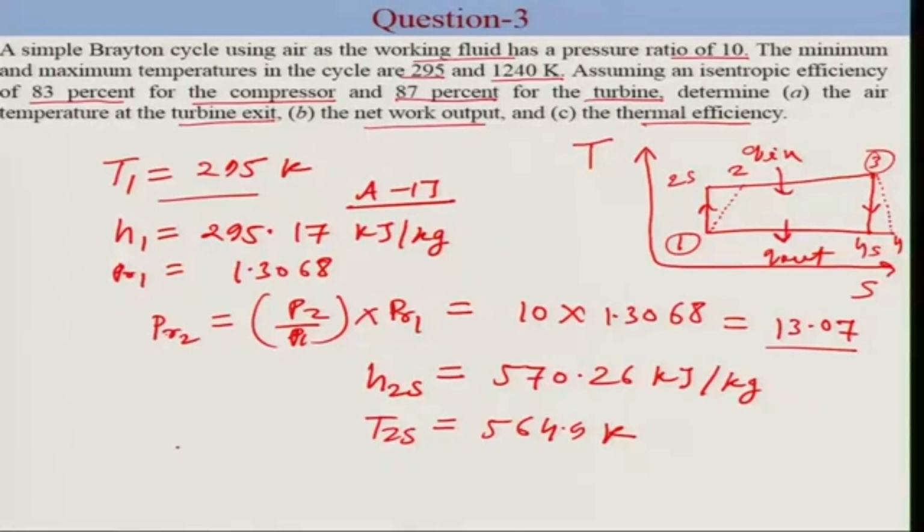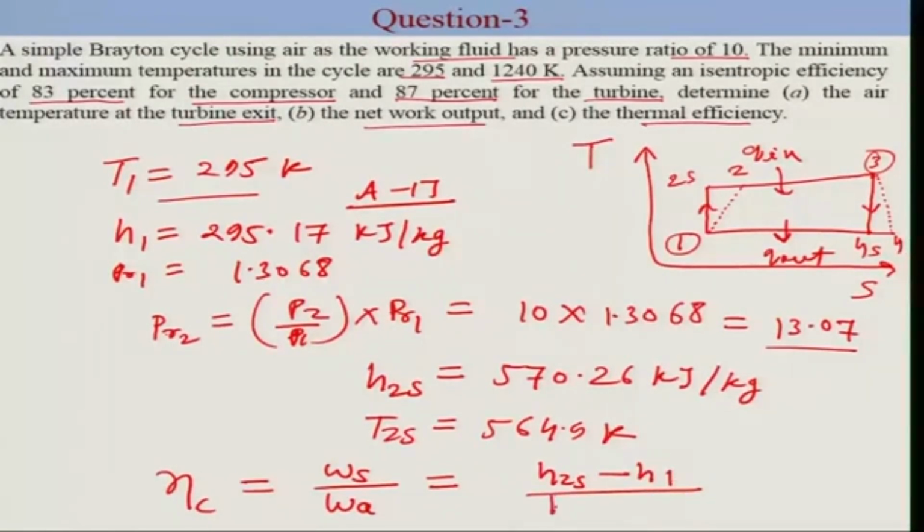Now, compressor efficiency is equal to the ratio of isentropic work to the actual work, which is H2s minus H1 upon H2 minus H1. So, from here, after solving it, we get H2 equal to H1 plus (H2s minus H1) divided by compressor efficiency.